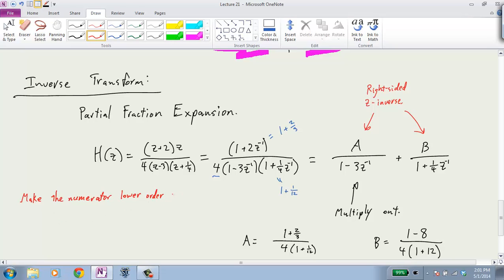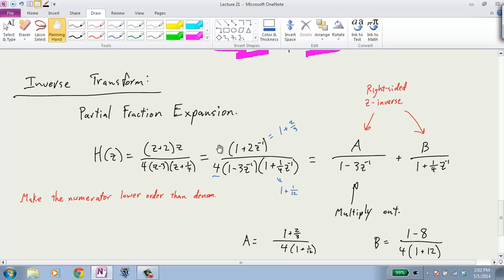If you don't, then your system of equations won't have enough variables, so you won't be able to do a partial fraction expansion this way. Now, you can change this A to be something like A z inverse plus B in the numerator. That's not the way I would suggest doing it. What you should do is first reduce your fraction using one step of long division, or however many steps it takes to reduce it. And I will do that example in a minute.